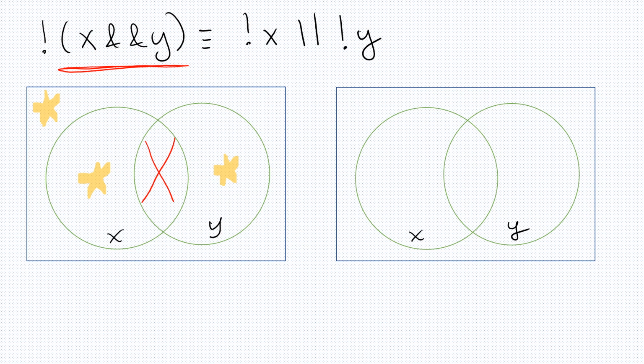And then let's look at not x or not y. So where not x is true is, well, anything out in the world, and as well anything that's inside y that's not inside x. Okay, and then for not y, well, where is that true? Y is not true outside in the world, and anything inside x.